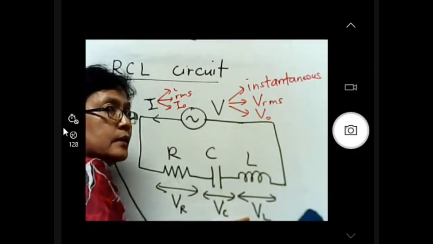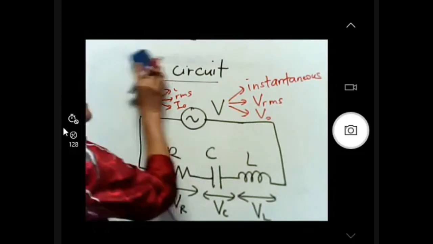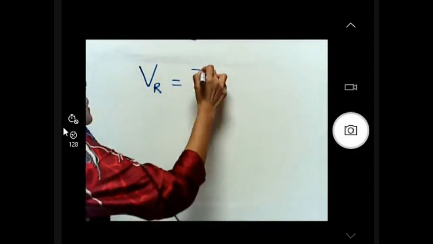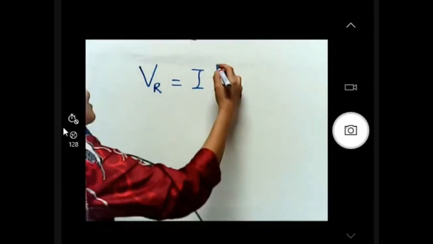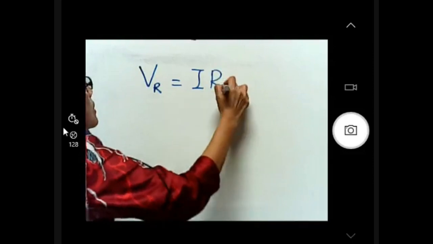inductor. Okay, so I'm going to erase this. That means, what do we have? We have voltage across resistor, which is current that flows in the circuit multiplied by resistance.